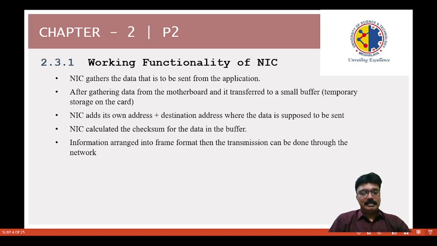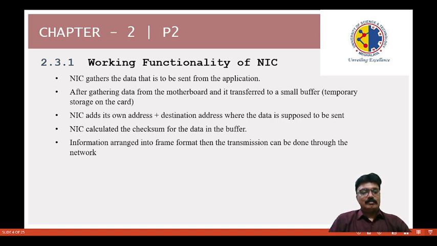Then the information is arranged into a frame format, then the transmission can be done through the network. So the frame, the digital transmission between the devices, the frame, that is the data unit. The data unit is said to be a frame. This particular data unit can be transmitted throughout the network at this moment.